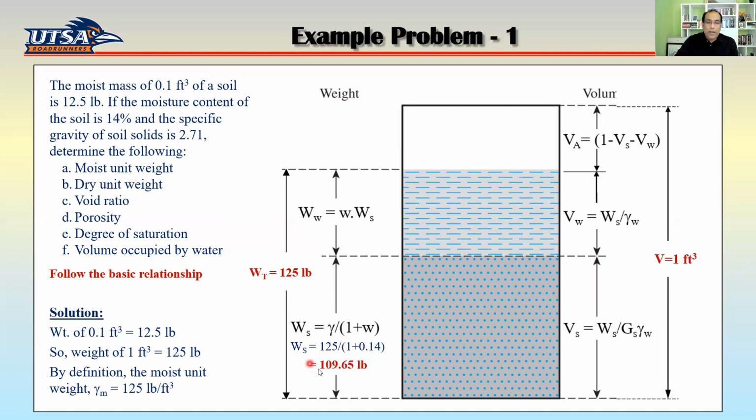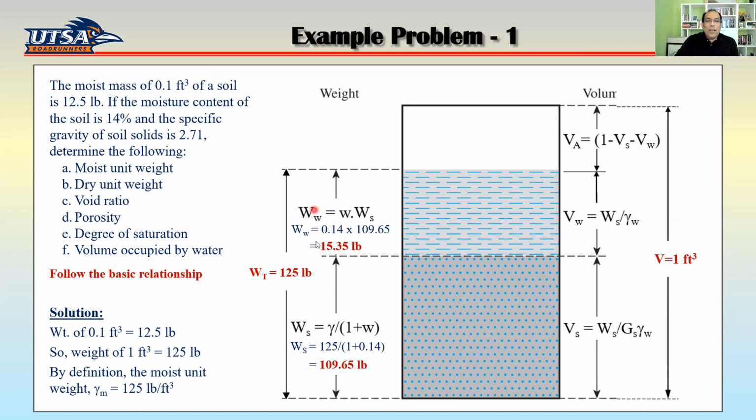That's the weight of the solid. So what is the weight of the water? You can find it two different ways. First, you can just subtract this one from the total, then you get the weight of water. You can also find it using the formula W times WS, and again you would get the same amount, 15.35 pounds. So if we add these two, that's 125 pounds, right?